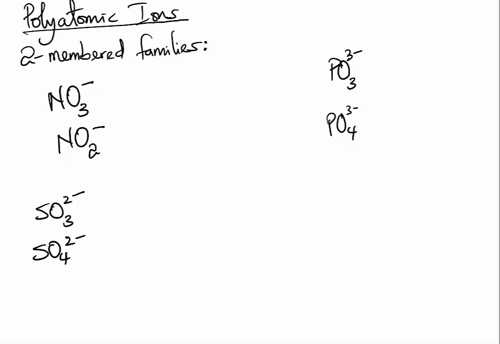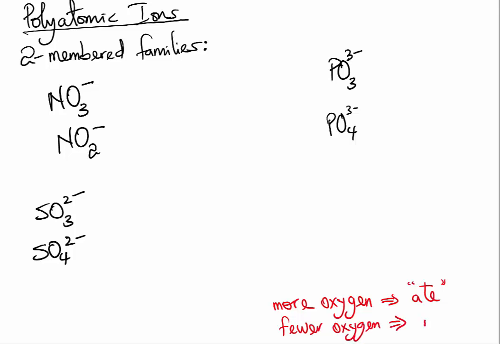There is a systematic way to name these two-membered polyatomic ions. And this is simply the trick to naming them. The member of the family that has more oxygen, we will end its name with ATE. The member of the family with fewer oxygen, we will end its name with ITE.